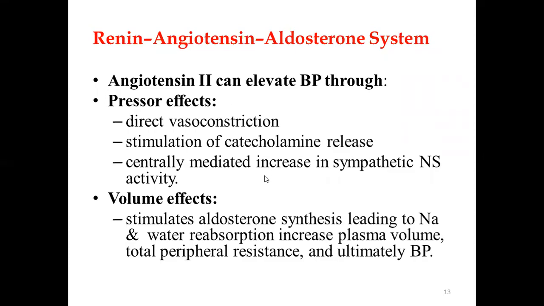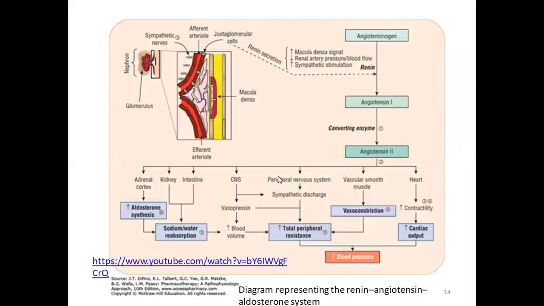Remember, this is the most common regulatory system in the body. So it is mandatory to know what the angiotensin system is and what physiological changes we are expecting when the RAS system is activated.